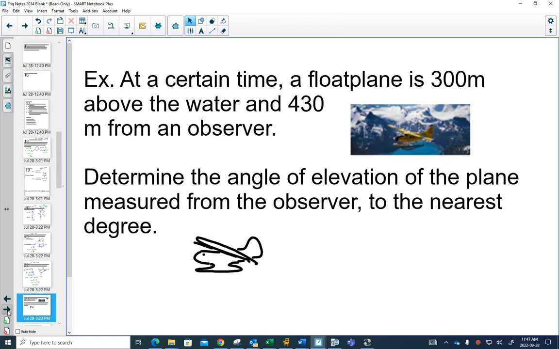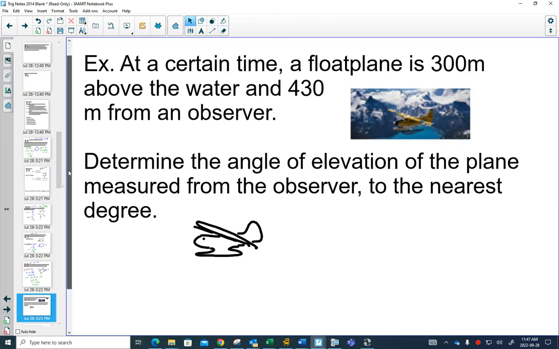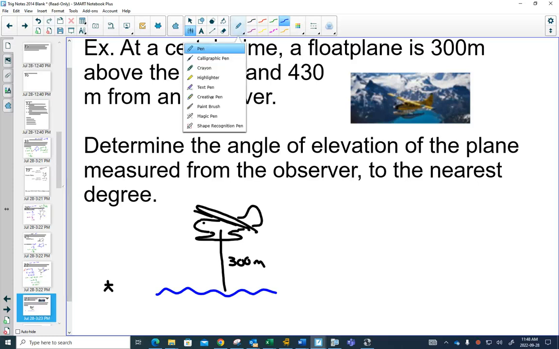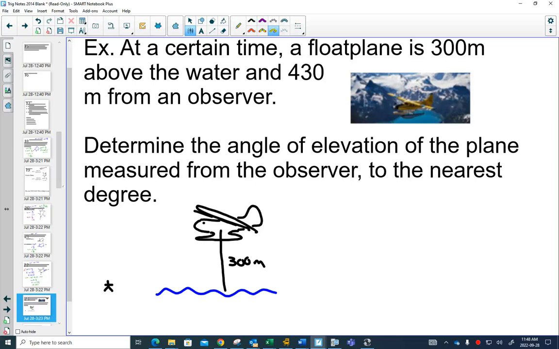Okay, there's my plane. Does it make sense that I would be able to draw a height here and label that height as 300 meters above the water? Then there is an observer. Here is my little observer.